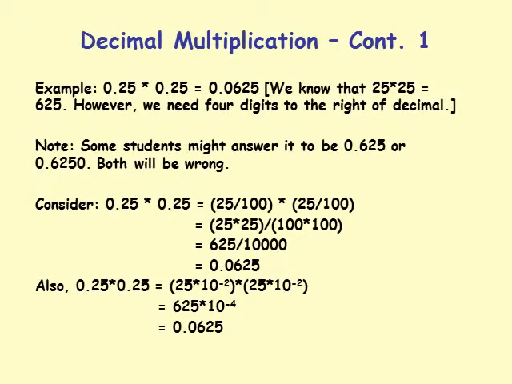Okay, and which is again 0.0625. It's not 0.6250, instead it is 0.0625. So 0.25 times 0.25 is 0.0625, just like we got before.